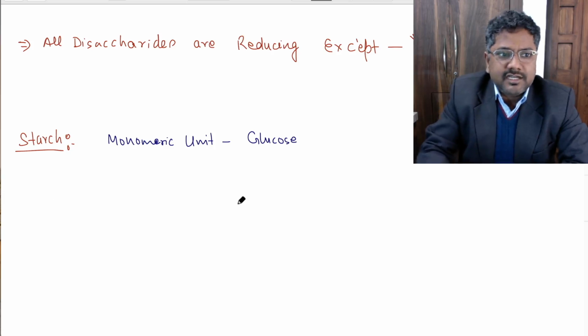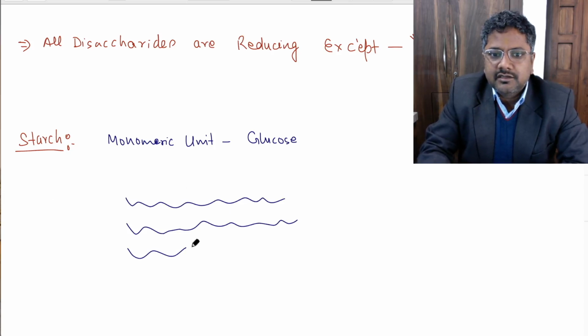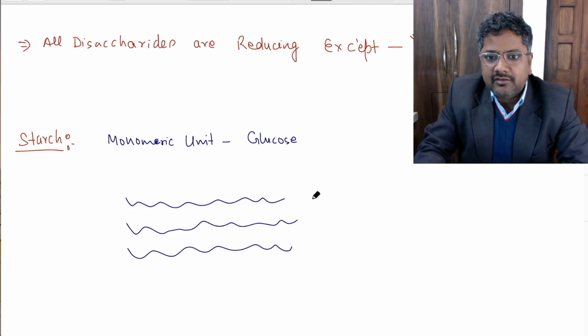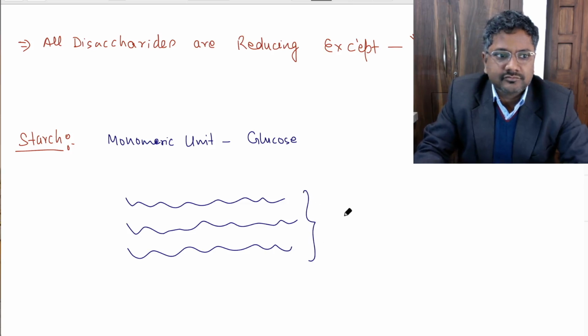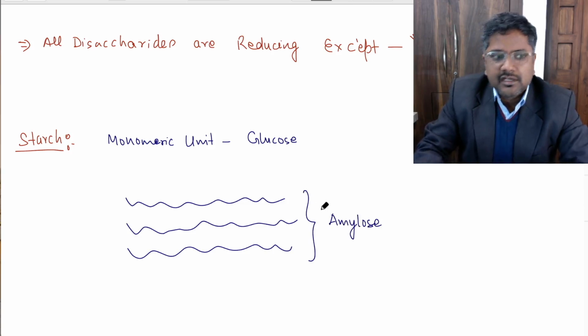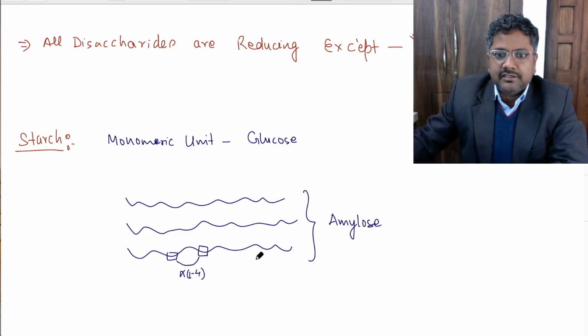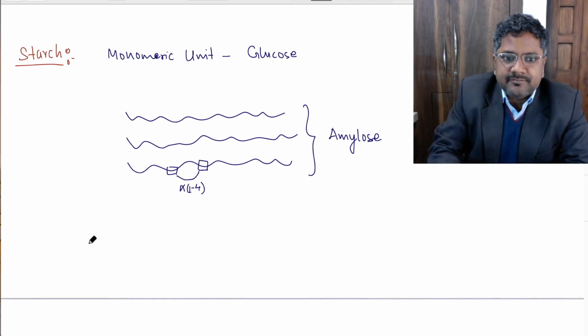And starch is made up of a linear polymer like this. This is called amylose. And in this linear polymer, the glucose units are linked together by alpha 1,4. Right? So how to represent this?